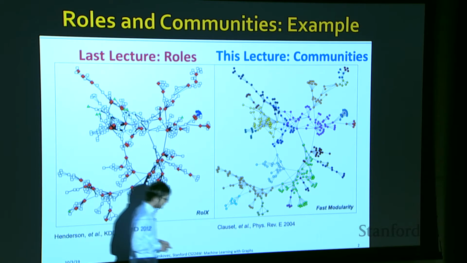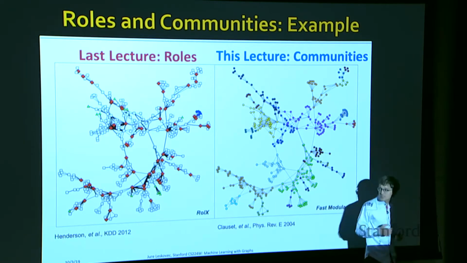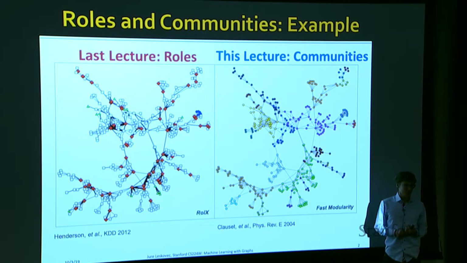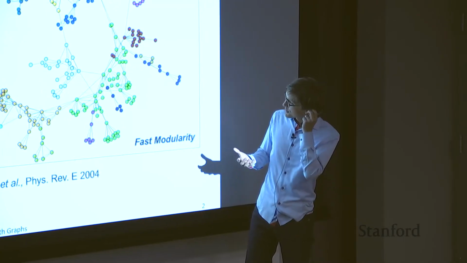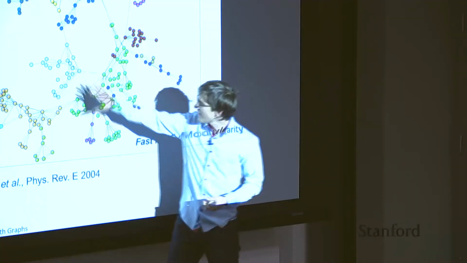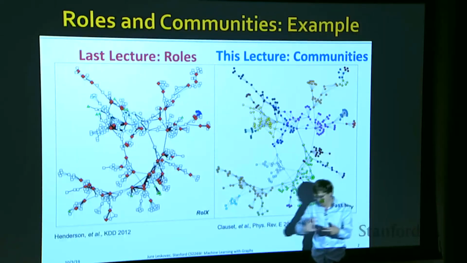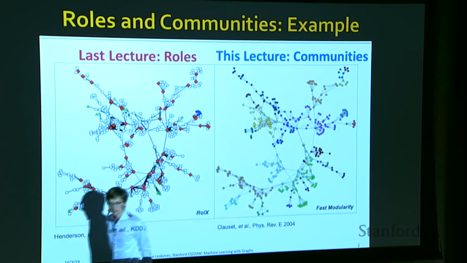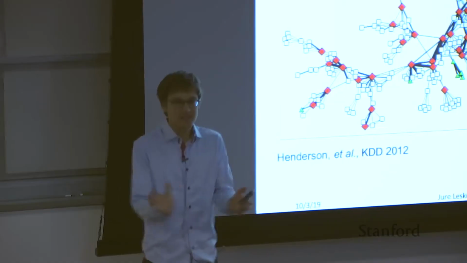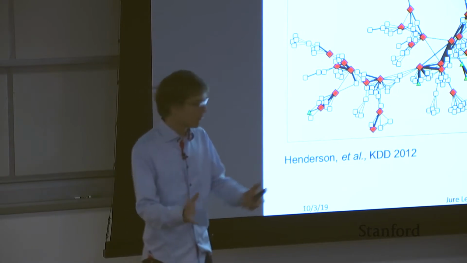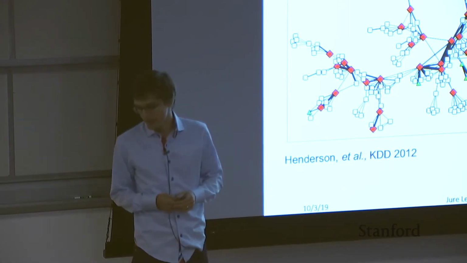Now, for today, what we will talk about is this notion of community structure in networks, which you can think of essentially as identifying sets of nodes that are densely connected with each other. So it's really identifying clusters, partitions, groups, communities inside networks.